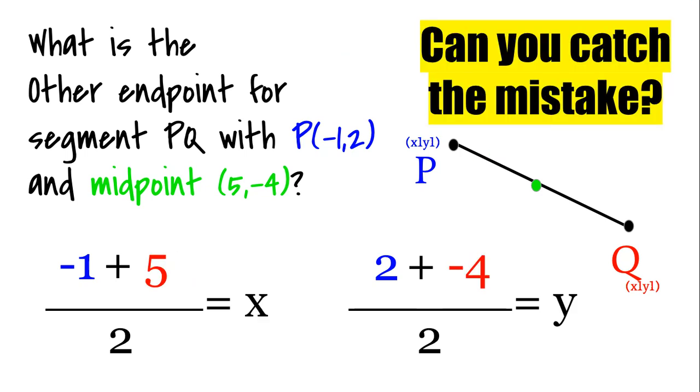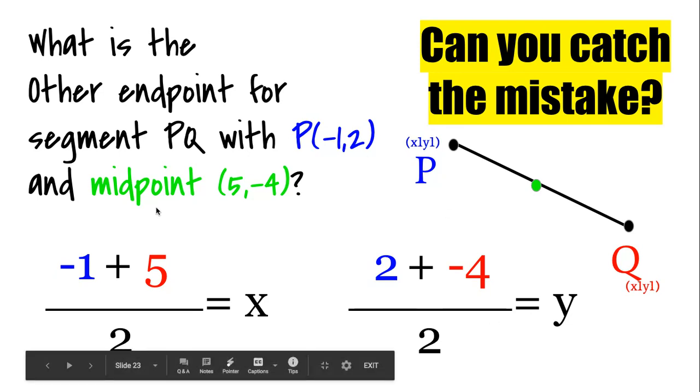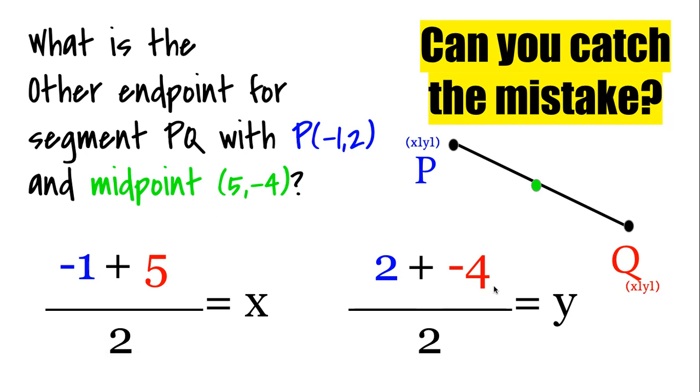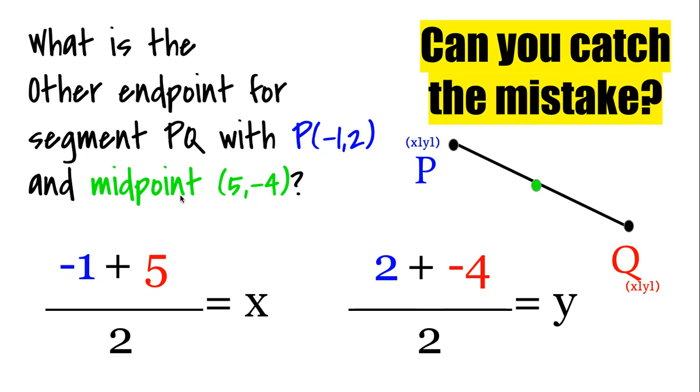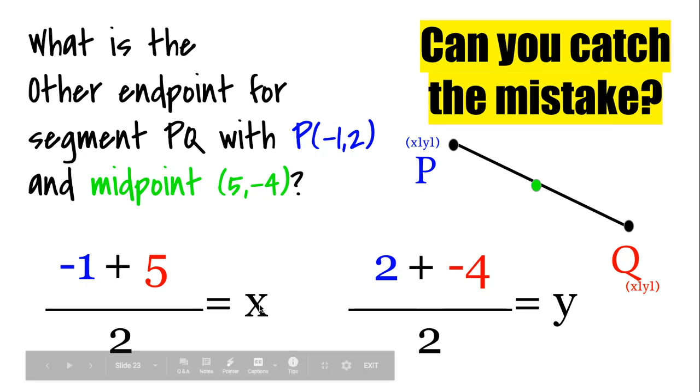If you said that the mistake was the way in which they substituted, you're correct. It looks like they substituted 5 and -4 into the formula, as though we were looking for the midpoint. But 5 and -4 are the midpoint. Instead, this 5 should be here.